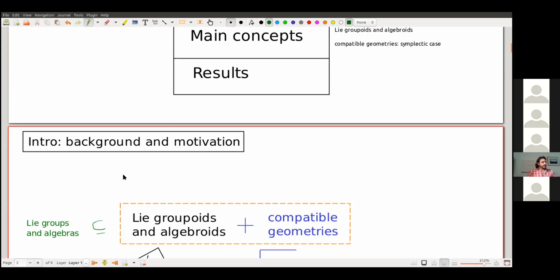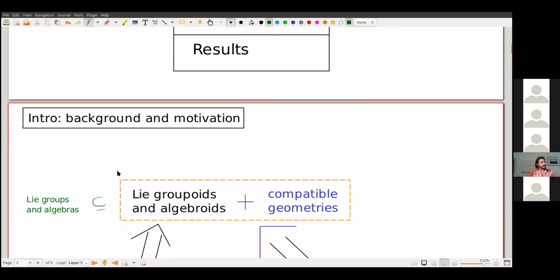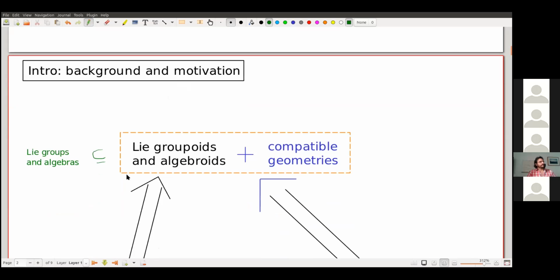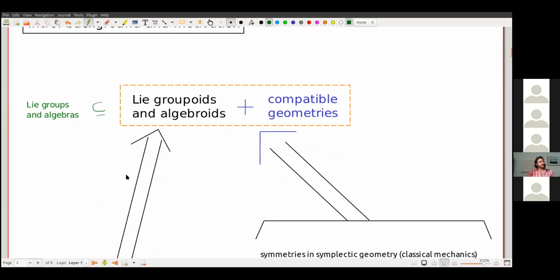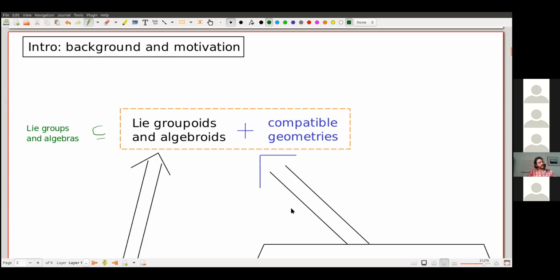And there are, at least summarizing, two currents of motivation for this. The one on the right, which is more related to the talk that I'm going to give, is more related to the symplectic side of geometry, which is sometimes a bit separated from the more classical side of geometry, like Riemannian geometry and foliations and so on.